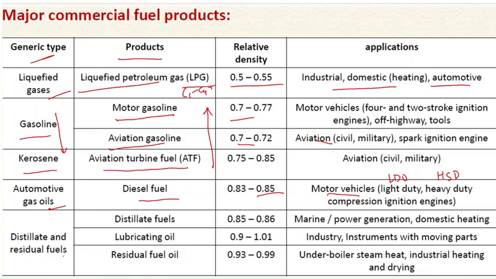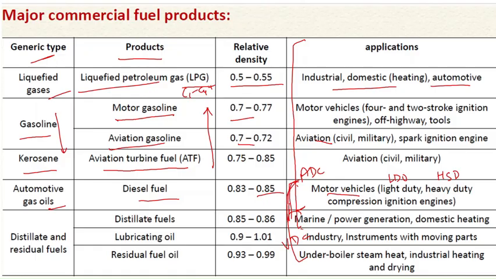Now distillate and residual fuels are more viscous, and these are produced in the atmospheric distillation column and the vacuum distillation column.